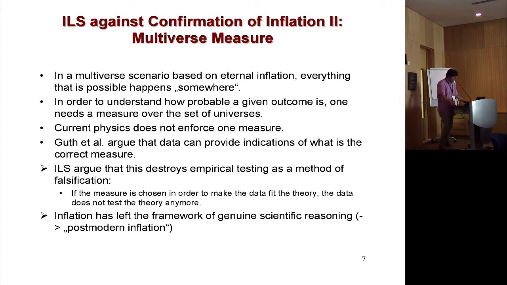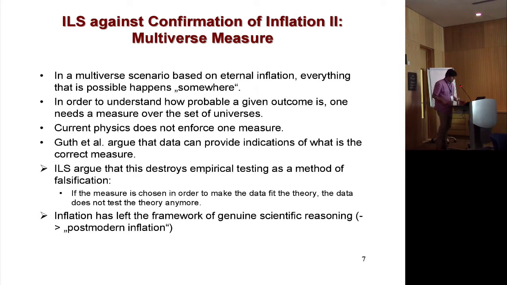Then they have another point that is related to the multiverse scenario and the problem of finding the correct measure in the multiverse scenario. And in the multiverse scenario, of course, we are in a situation where everything that is possible happens somewhere, which means that in order to understand probabilities there, in order to understand how probable a given outcome is to us, one needs a measure over the set of universes.